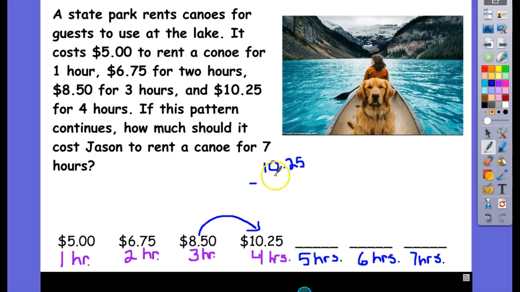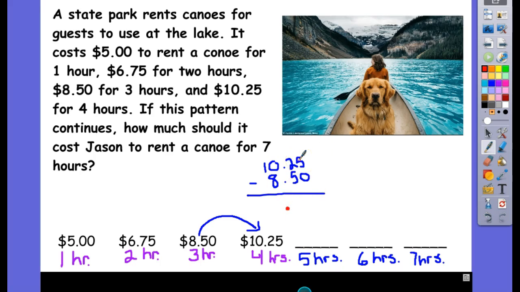And I'm going to subtract 8.50. So I'm going to go ahead and subtract. I'm going to start off by subtracting my smallest place value. Ooh, and something I almost forgot. When we're subtracting or adding decimals, we always line up the decimal. So I'm going to go ahead and just put my decimal right down here so I don't forget about it.